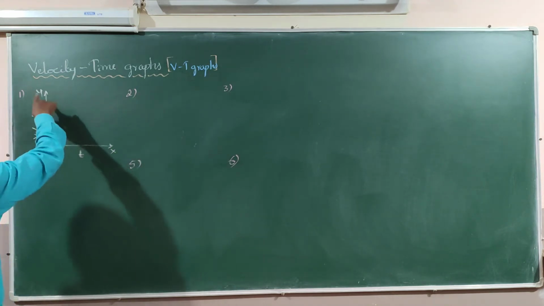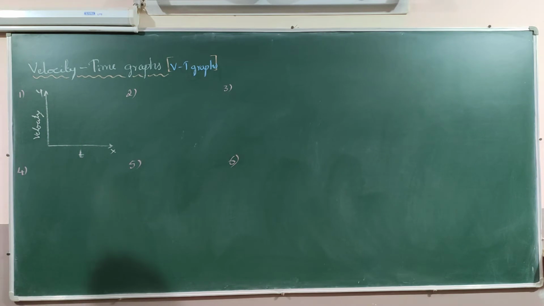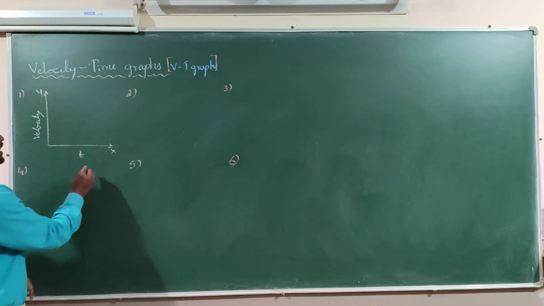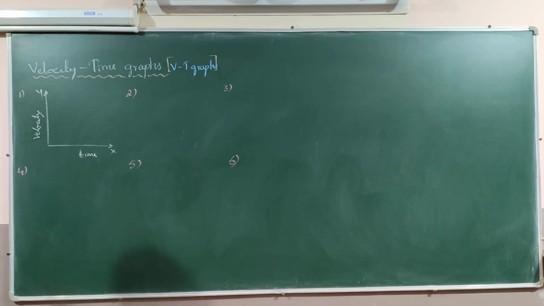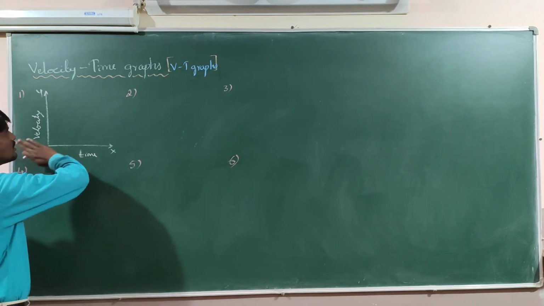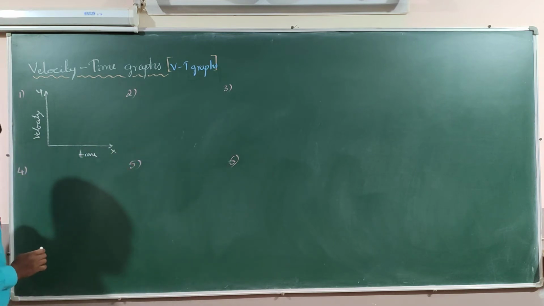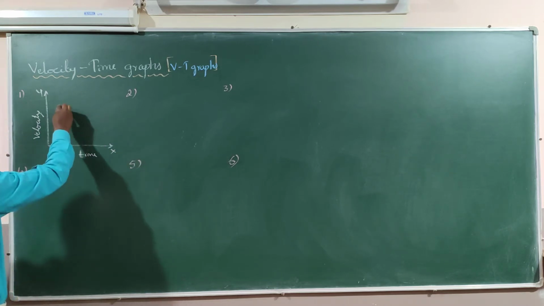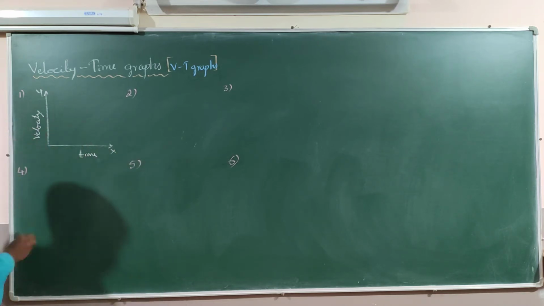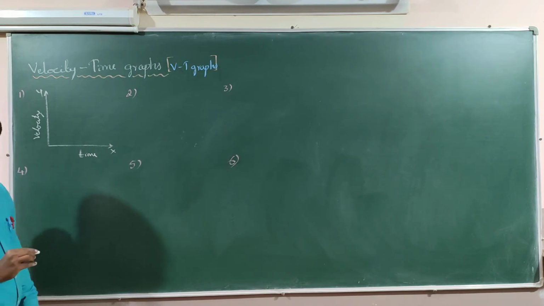Every time it is understood that velocity is along the y-axis and the time interval along the x-axis. Now, if the body is at rest, then there is no acceleration at all, because the velocity is 0; rest means it is not moving at all. So hence there is no graph at all. I can say here the body is at rest, but actually I am not drawing that one.